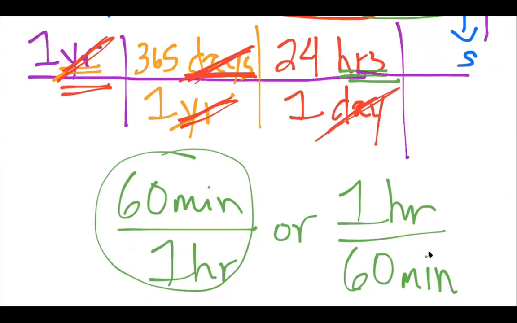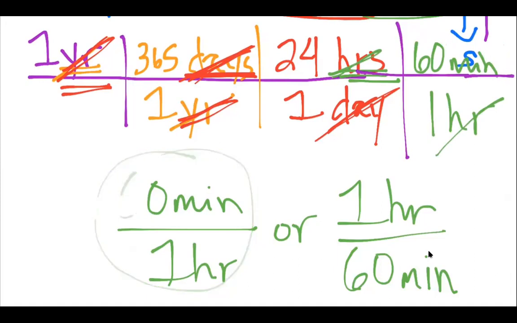All right. So I want to put 1 hour down here because I want hours to cancel out. That means the 60 minutes have to go up on top. Okay. So then there's one more step in this one.